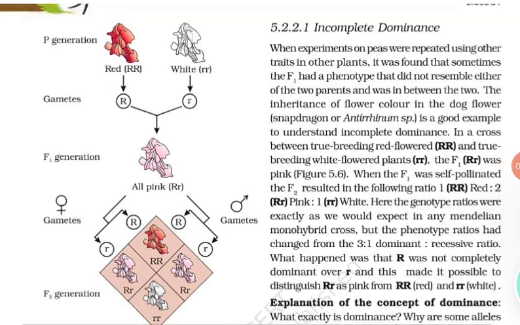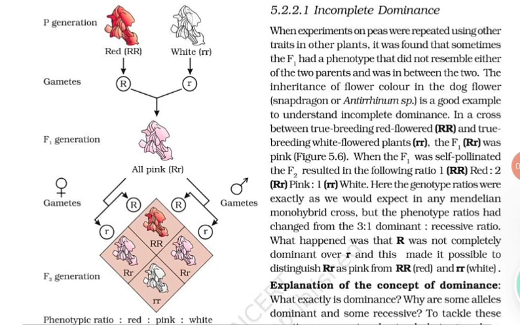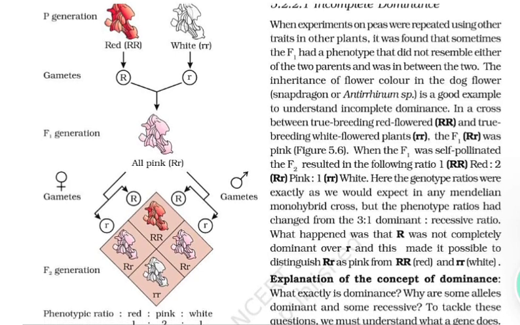The inheritance of flower color in the dog flower, that is snapdragon or Antirrhinum species, is a good example to understand incomplete dominance.